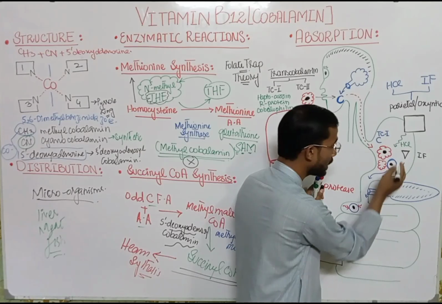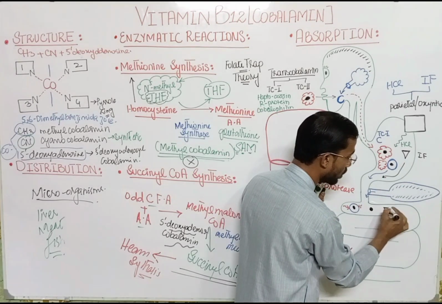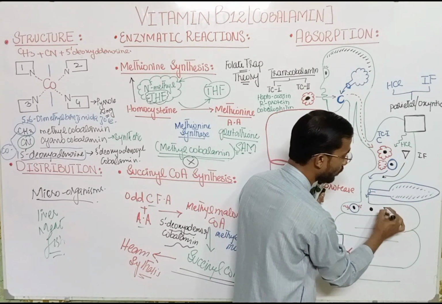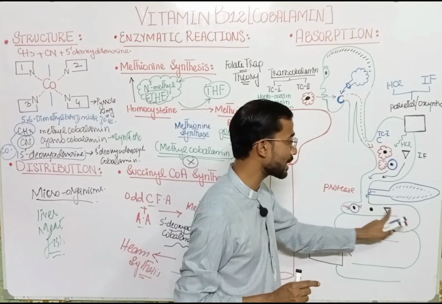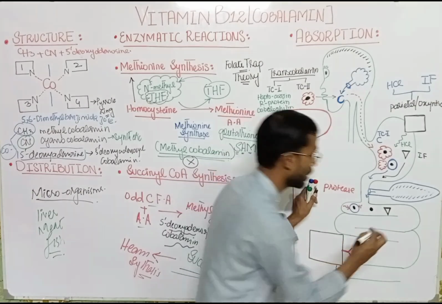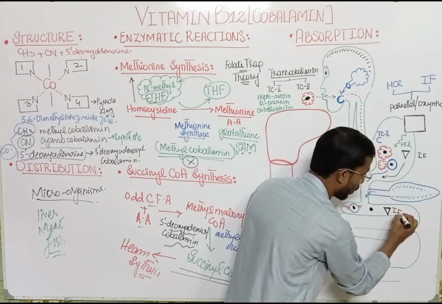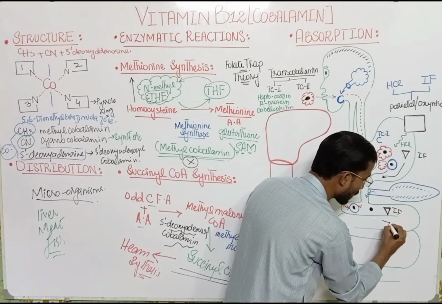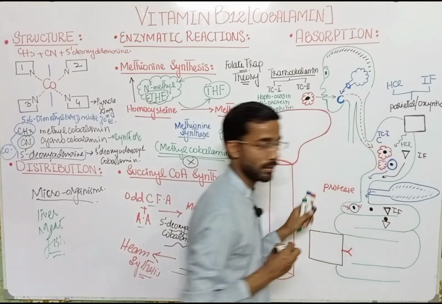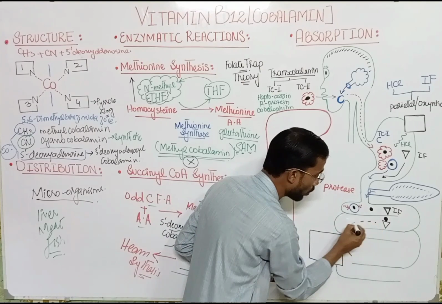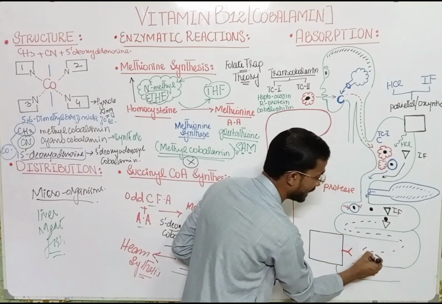And as we know, the intrinsic factor also moves along with the food. Now you see two things, intrinsic factor and cobalamin. Now the intrinsic factor will attach to the cobalamin. Now this will move and reach the ileum.